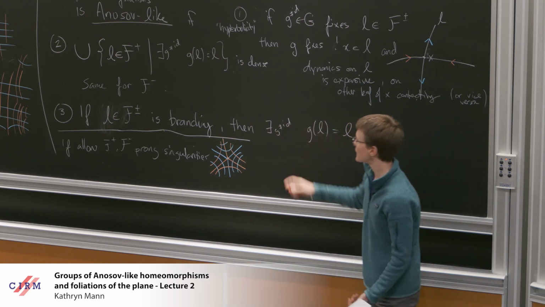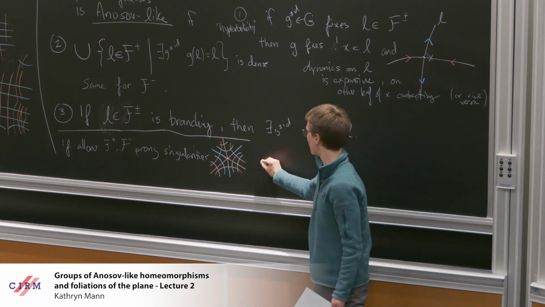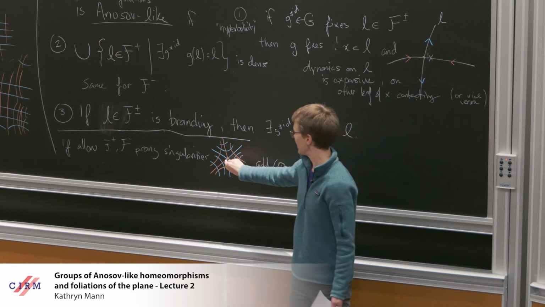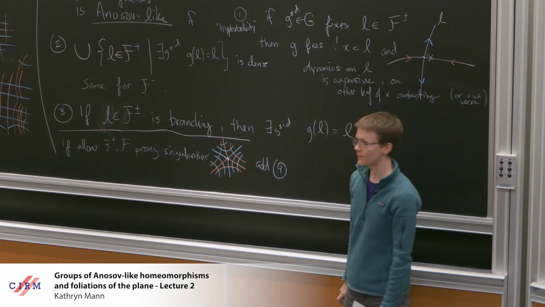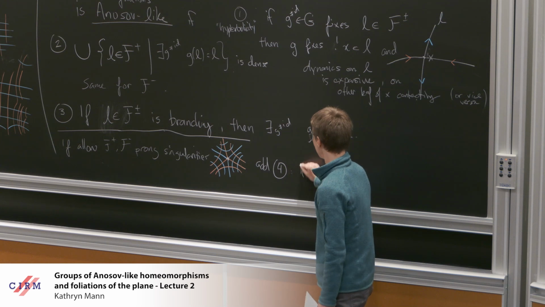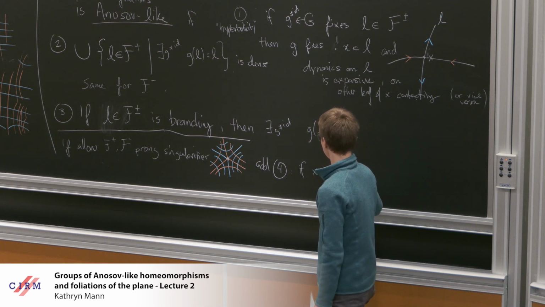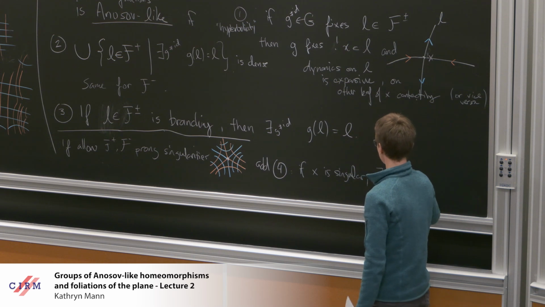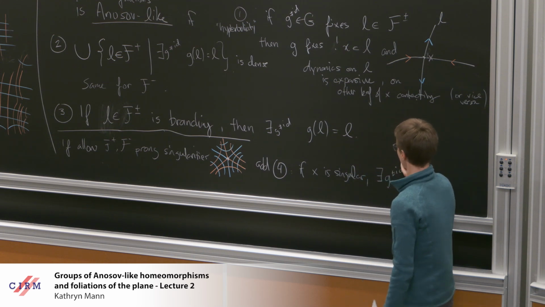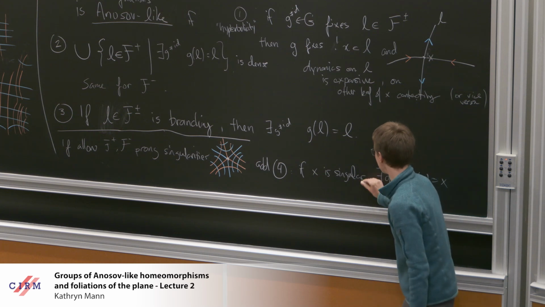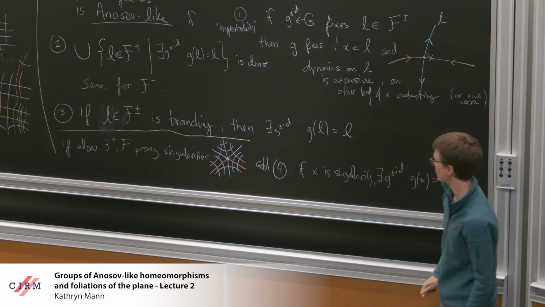Then, along with the spirit of 3, you should add 4, which is that each one of these singular points is fixed by a non-trivial element of G. So a singularity. There we go.